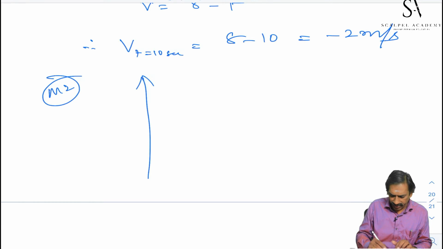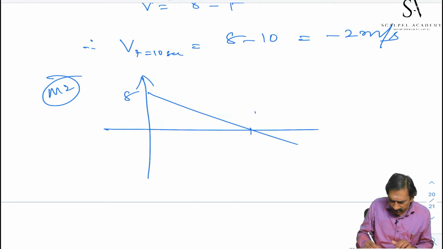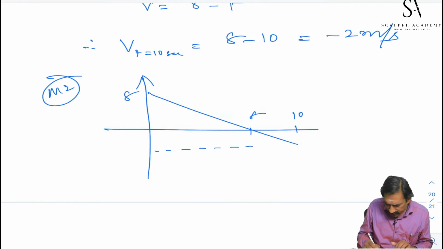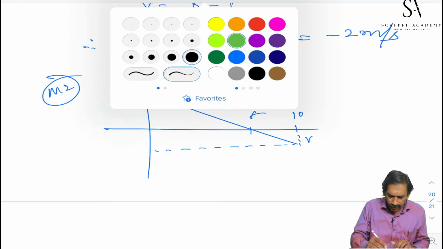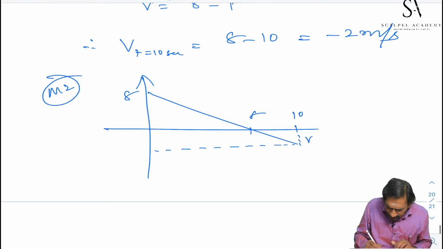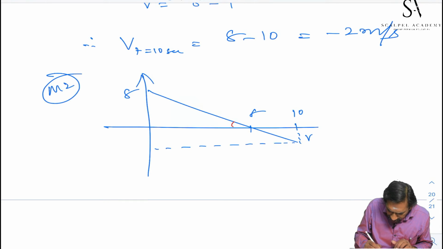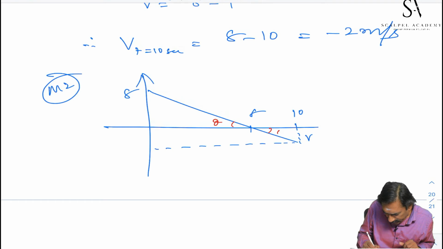This is the VT graph. This is 8, this also 8, this is 10 second. We have to calculate this velocity, this height. I take it as V. Now, the angle made by this graph with the x-axis, this angle I take theta, therefore this angle also theta.